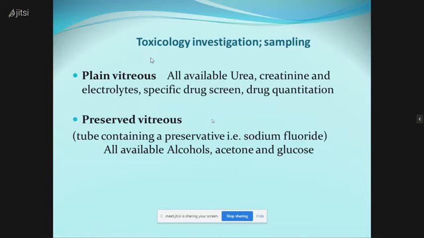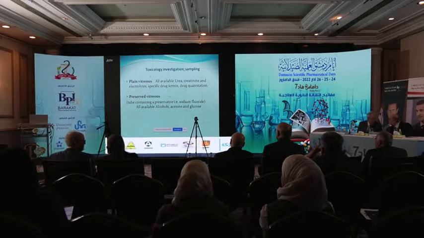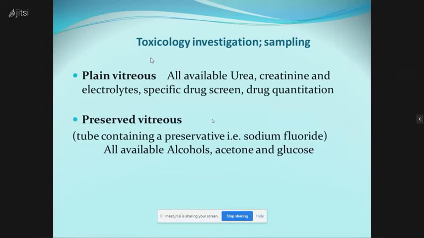We also take sometimes a vitreous fluid, that's fluid from the eye, and that's the most important in case of decomposition, and will be the most accurate sample, because the vitreous fluid will not be influenced by the bacterial overgrowth in the body. And we take also preserved vitreous, the same as blood.